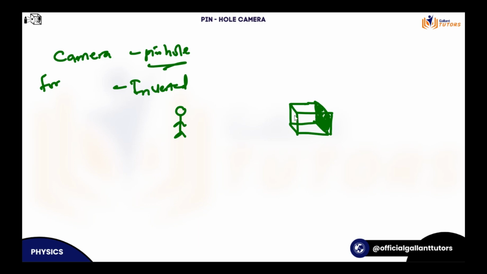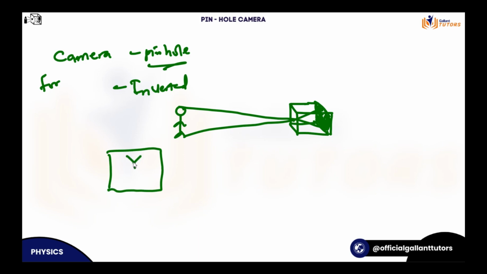So from here the light goes here, and from here it goes here. If I take out this film, this is how it looks on it. Is that very clear? This is an inverted image.